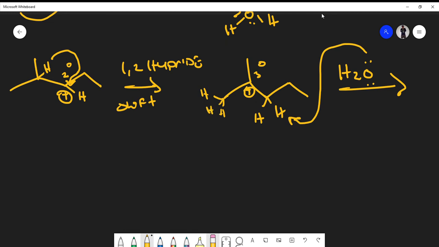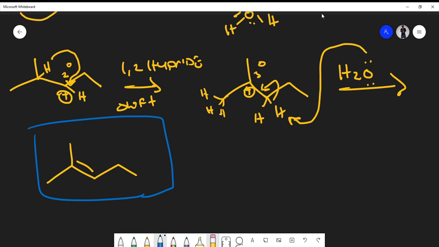So it comes in, takes off the hydrogen, forms a double bond, and we get the final product of this reaction to be something like this. This is your classical E1 reaction, which we call alcohol dehydration.